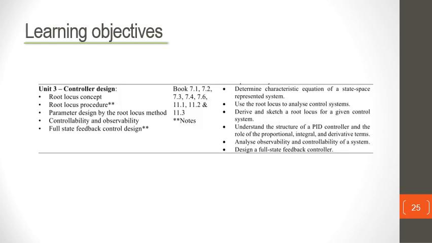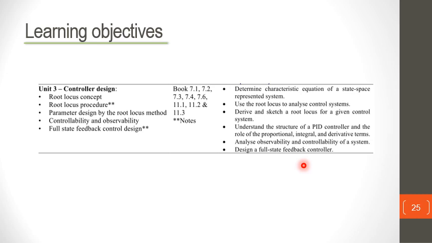So at this stage, we have tackled the idea of a root locus, the concept of root locus, the procedure of how to construct root locus, or at least try to understand how the root locus is being constructed by a computer.